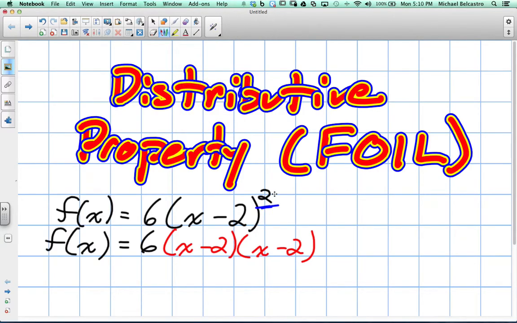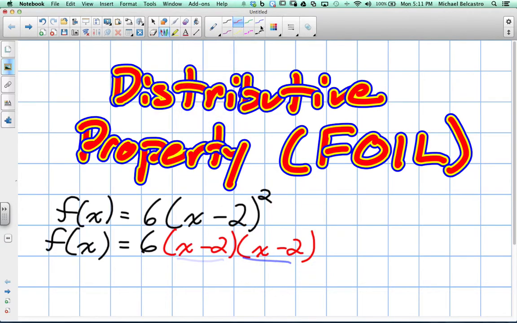Now, there's a couple different ways you can go about the order of multiplying this. We need to distribute, and we can distribute in any order.